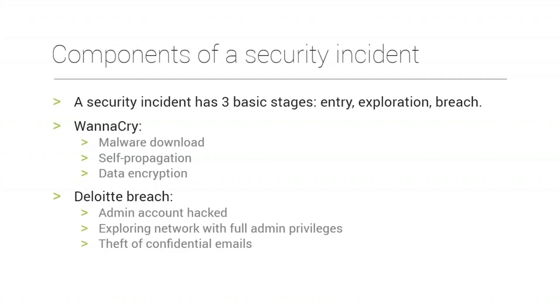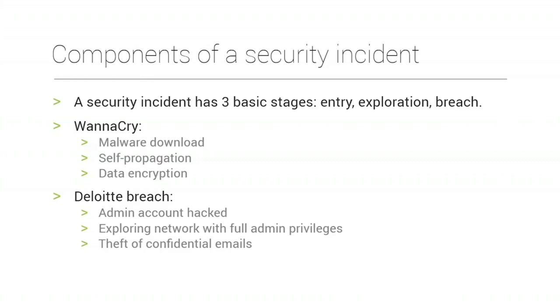And then there's exploration. This stage refers to how an attacker could move about your network, either to reach their targeted device, or, let's say, if they don't have a target in mind, exploration could also mean the process that an attacker takes to look for some data to steal. So all of this happens in the second stage.